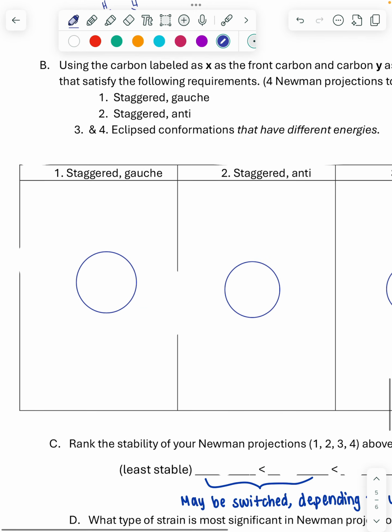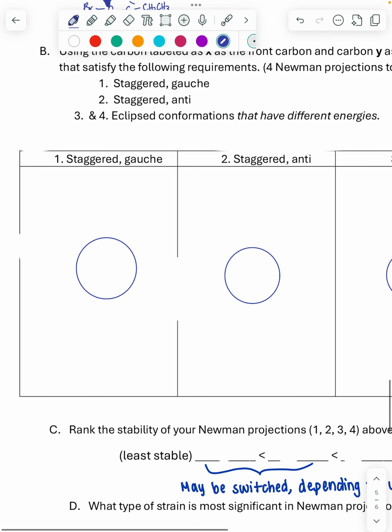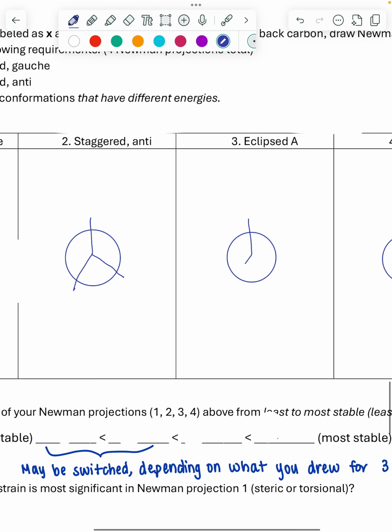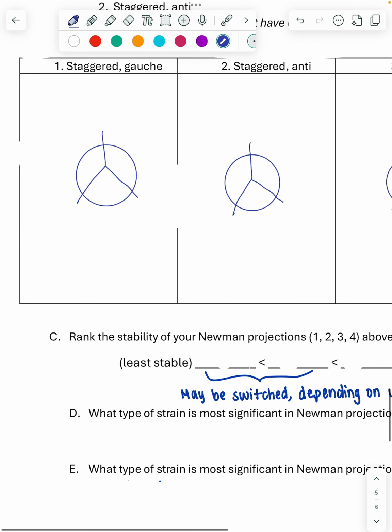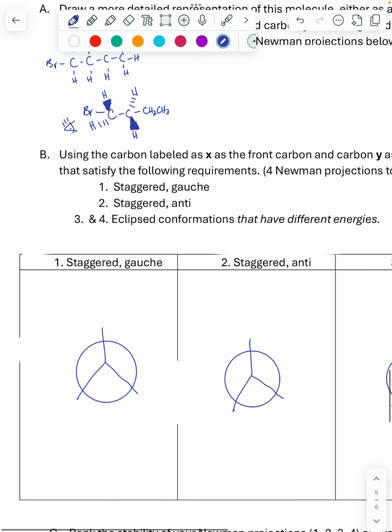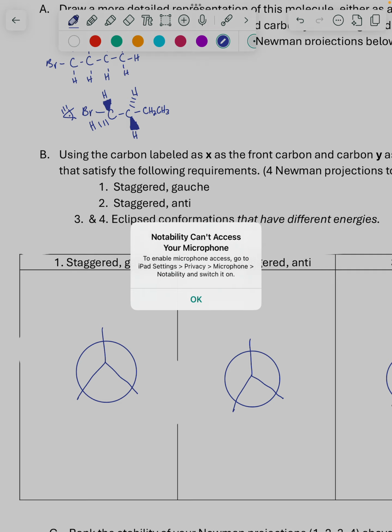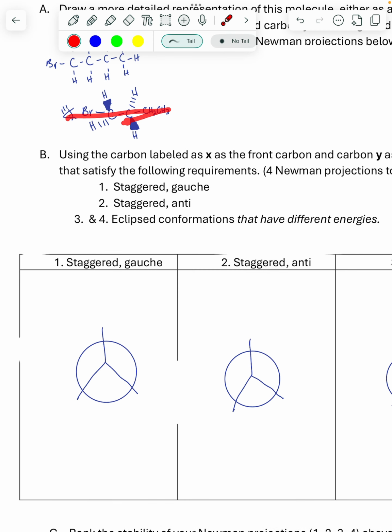If we're looking straight at the bromine, I guess I can move the eye up a little. If we're looking at the bromine, okay, like that.